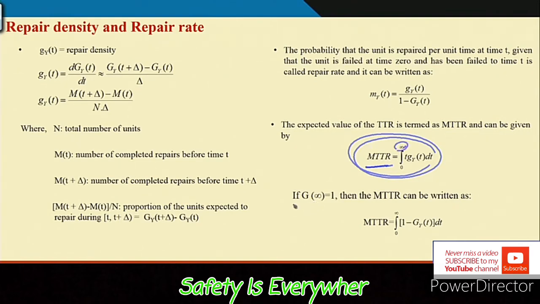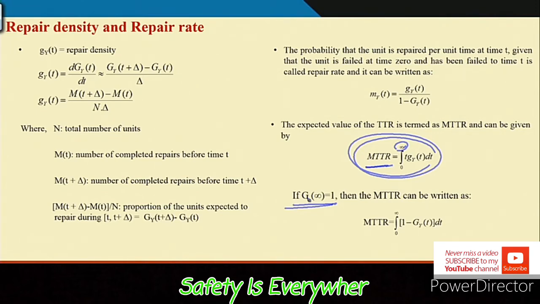Now, suppose I am given a failed component and you are given an extremely large amount of time. What is the probability that it will be repaired?